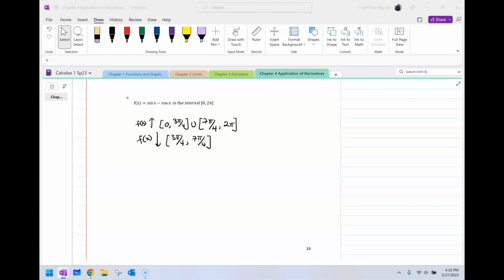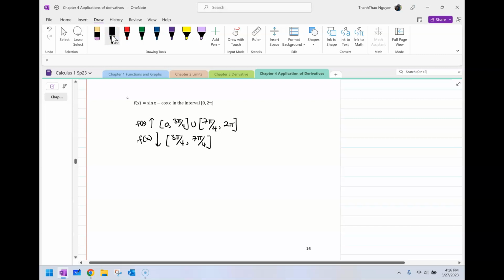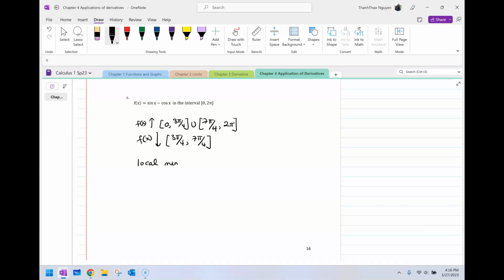And here are our extrema. In this problem, you have a local min at x equals 0, f(0) equals negative 1. You have a local max at x equals 2 pi, f(2 pi) equals 1.